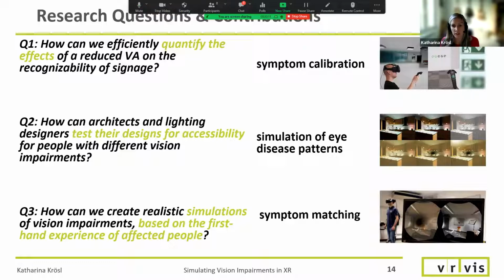And this has to be done with people who have only one affected eye. So they can actually look at our simulation with their healthy eye, and then they can compare it to the impaired vision of their other eye. But we will get into the details also a bit later.